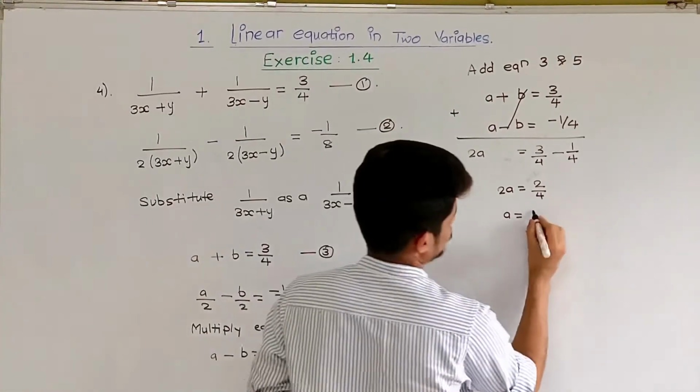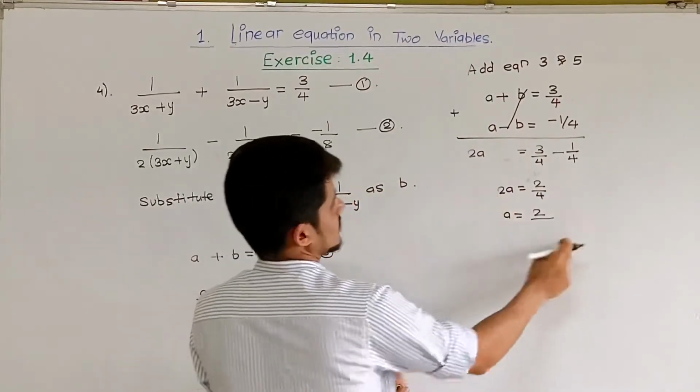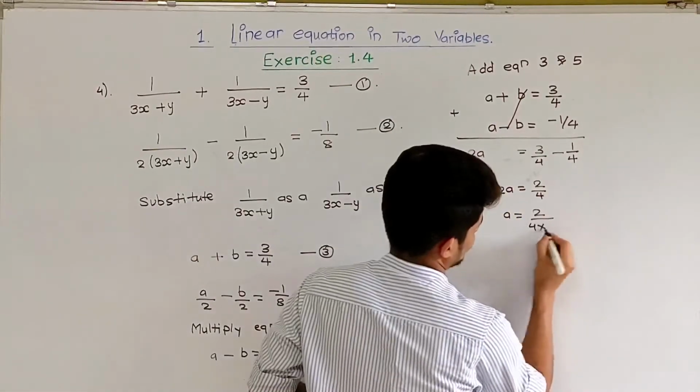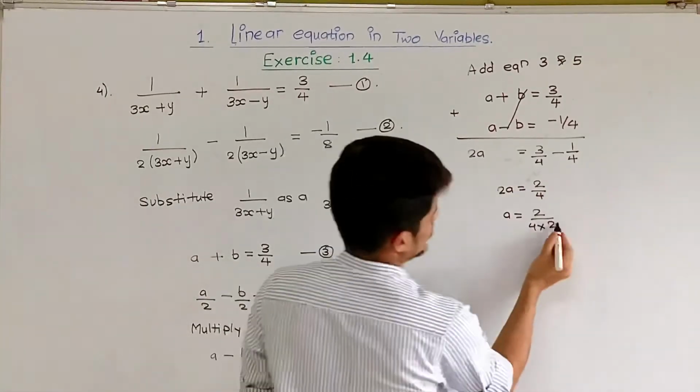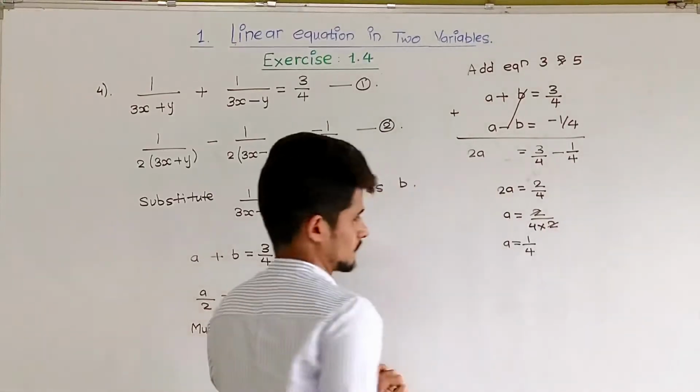So a is equal to 2 upon 4 into 2, the 2s cancel, a is equal to 1 by 4.